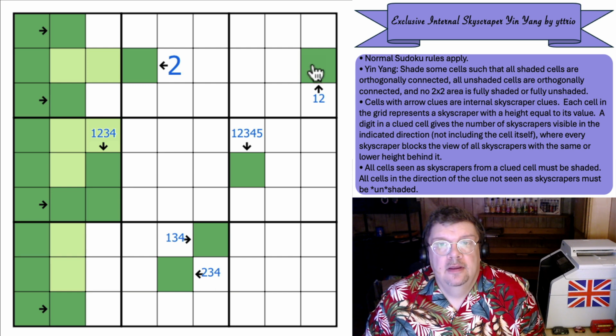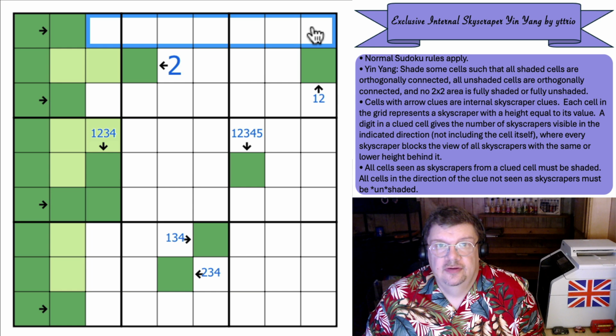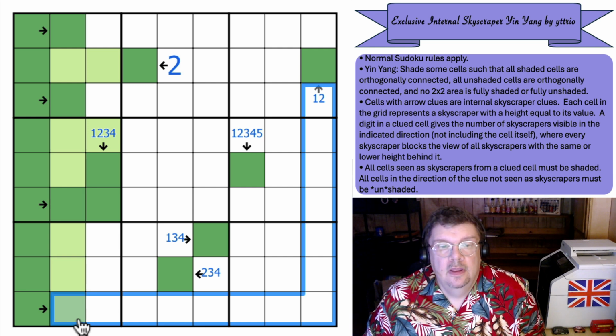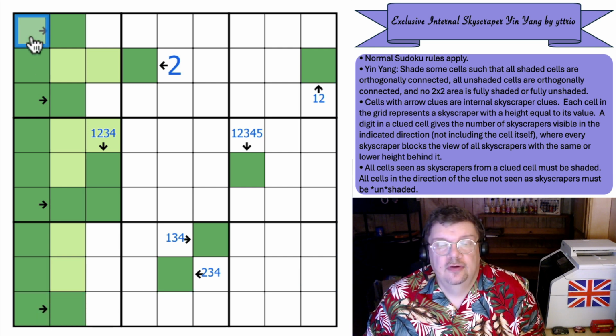All right. Because this is shaded, either all of this is shaded or all of this is shaded, depending on where the unshaded section goes. That means that one of these two is going to be an 8. So what does that mean?